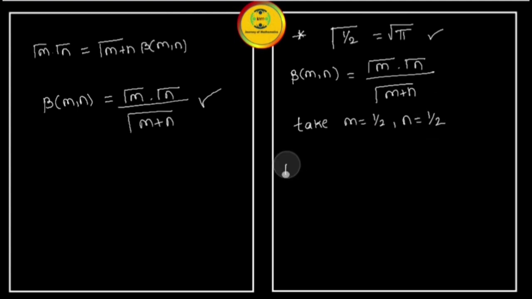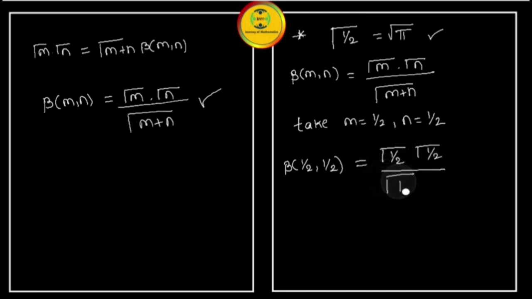I'll get beta of half comma half is equal to gamma of half into gamma of half divided by gamma of 1.